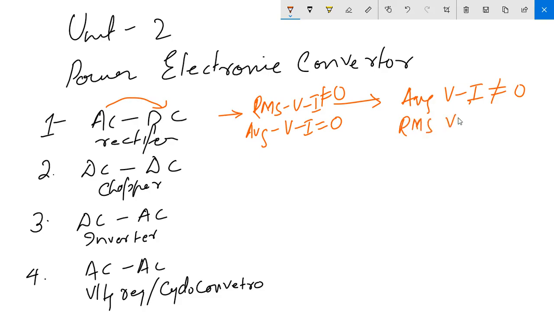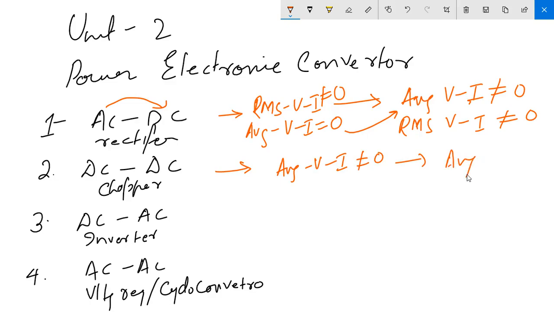So when converting AC to DC, the average value is not equal to 0. When it comes to a DC to DC converter, again the average value of V and I is not equal to 0.